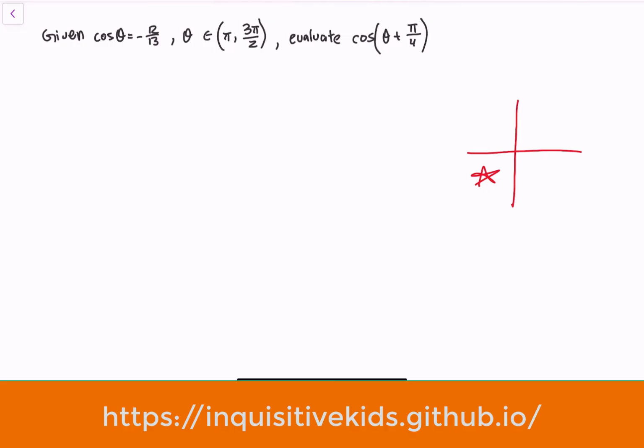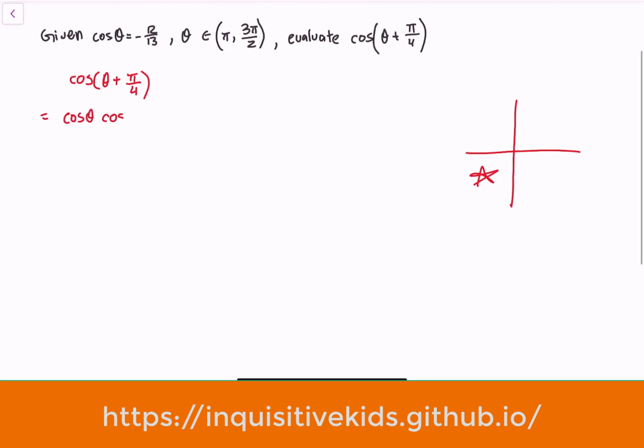So now let's take what we're trying to solve. Cosine of theta plus pi over 4. Using our sum and difference formula, we can rewrite this as cosine of theta times cosine of pi over 4 minus sine theta times sine of pi over 4.